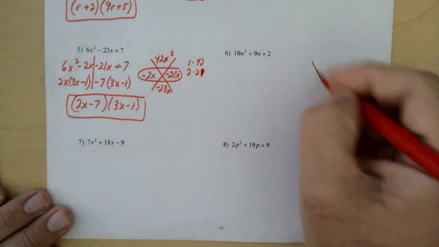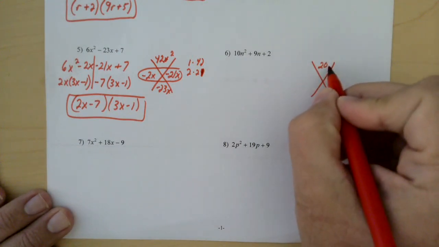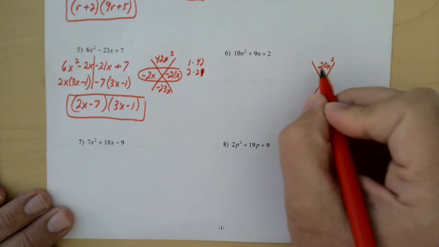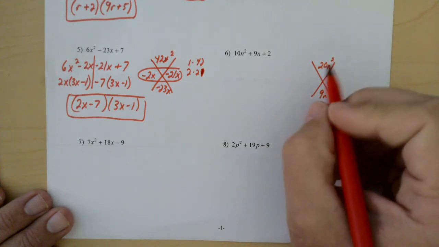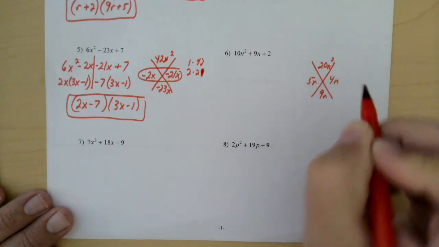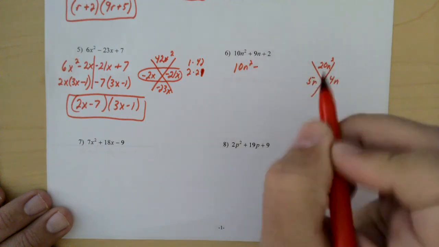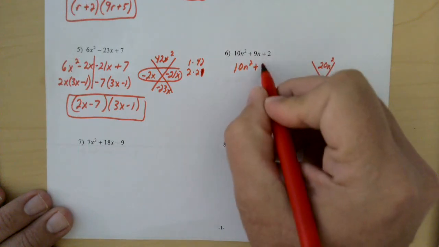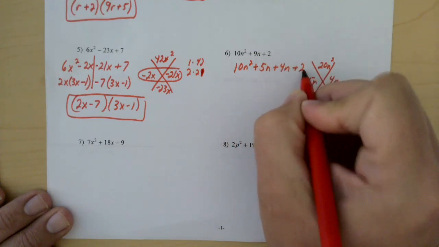Okay, this one's all positive, makes it a little bit easier when everything's the same sign. So 20n squared adds up to a 9n, not long to find 5n and 4n. Okay, so I'm going to take this original problem, write it as a 5n plus 4n plus 2.